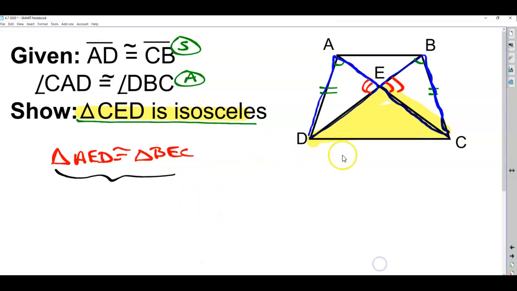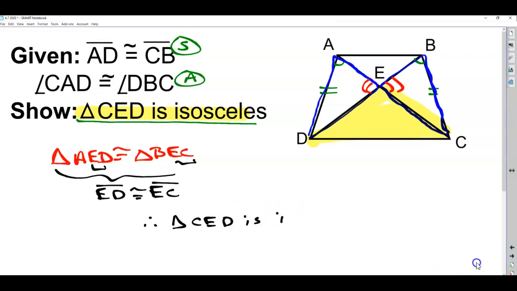Well, if it's isosceles, and I can show that DE is congruent to CE, look at the statement. ED is congruent to EC. And the reason is corresponding parts of congruent triangles are congruent. Therefore, the little three dots is our symbol. Therefore, we just showed that triangle CED is an isosceles triangle.